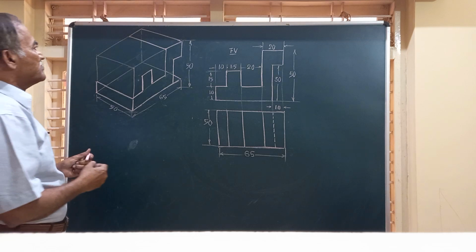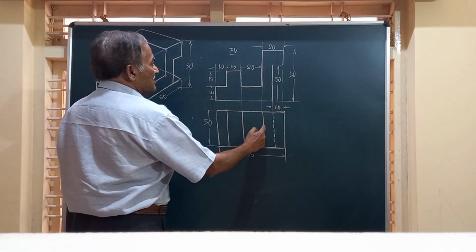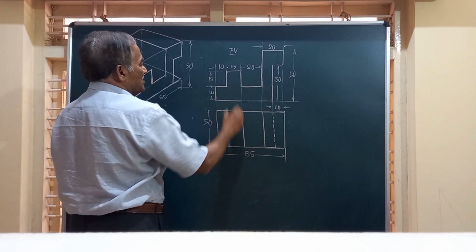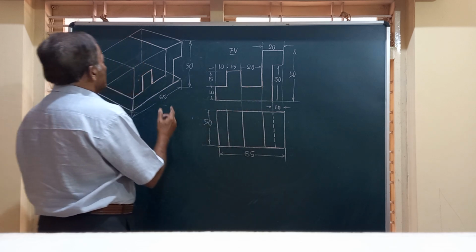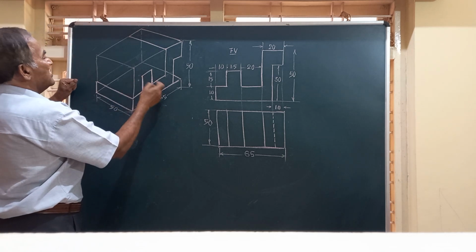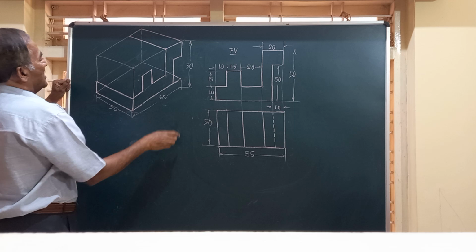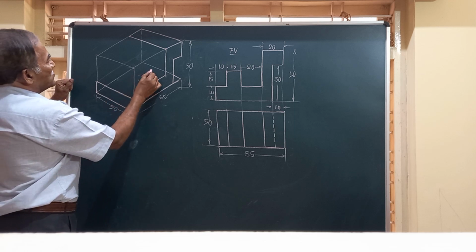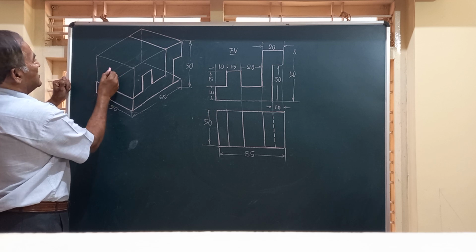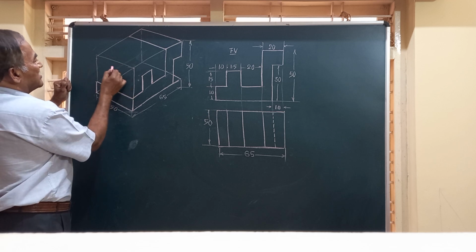Now, friend, if you observe here, this edge through this, they're all vertical. So, friends, from all these points, let me draw this first. I can draw a line through these two corners parallel to the extreme end. Extreme end means what is here.